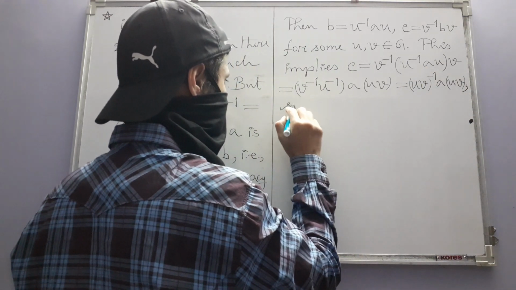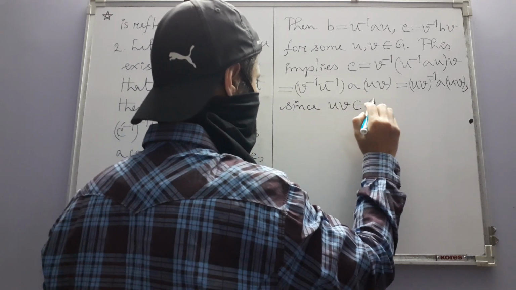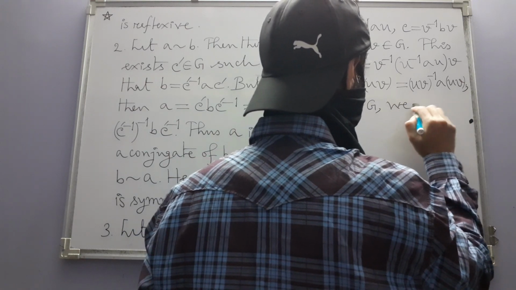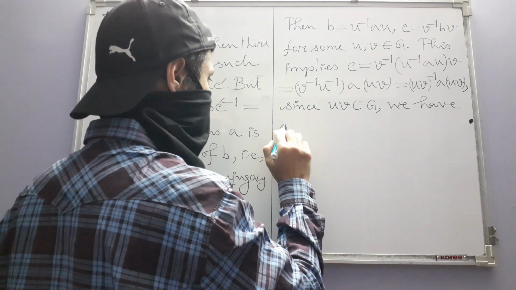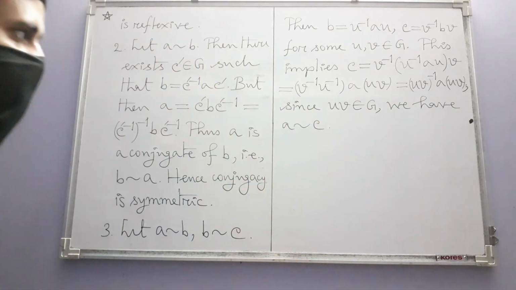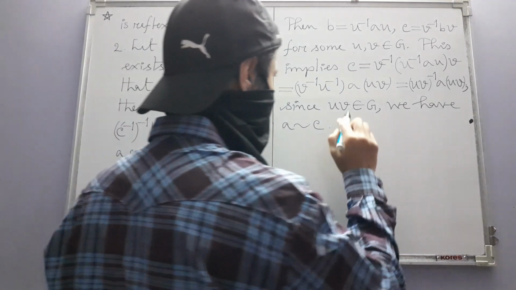Since UV is again an element in G, we have this. So our relation is also transitive.